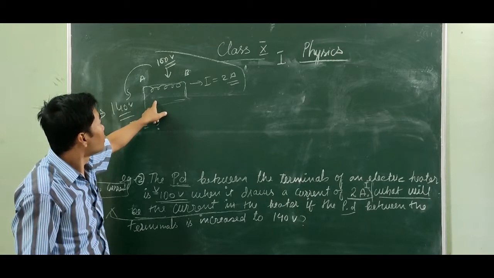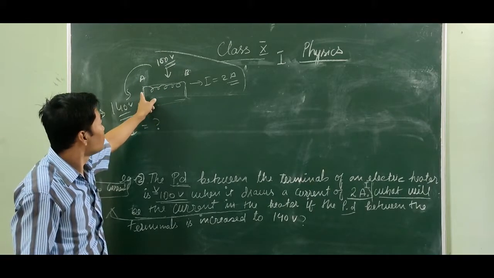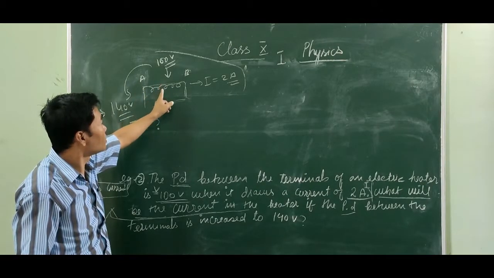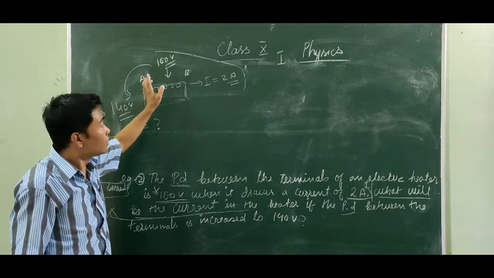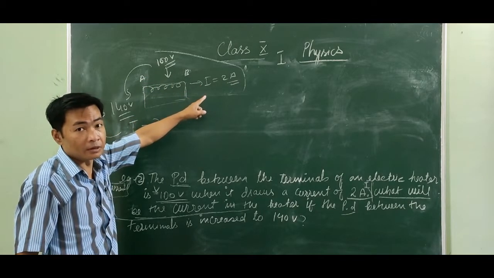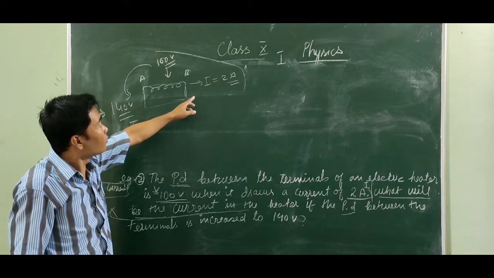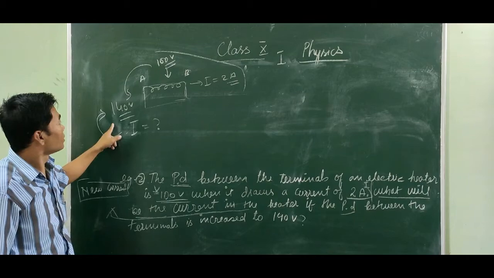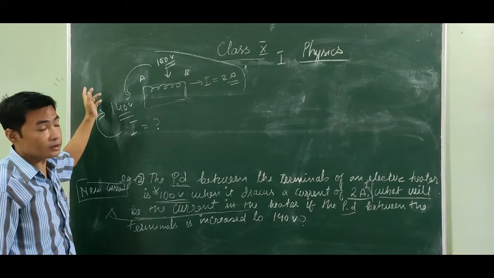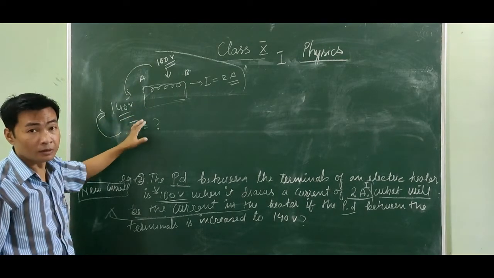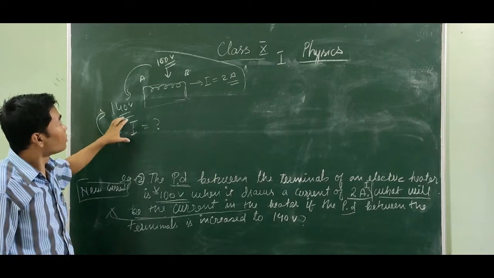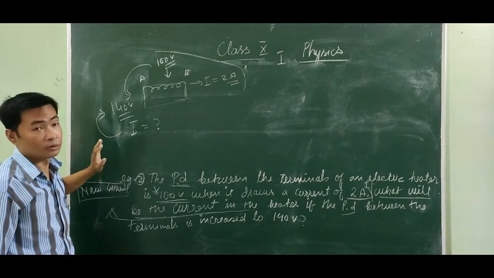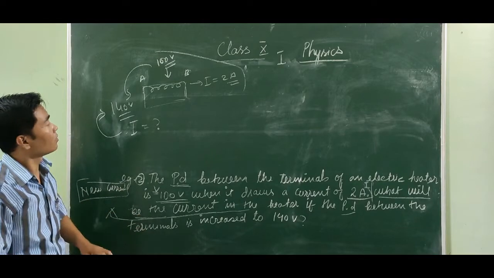If you apply a potential difference of 100 volts between these two terminals, this heater will draw a current of 2 ampere. Now, if you increase the potential difference from 100 to 140, the current will not be the same. There will be a new current, so it will draw a different current. What is that current? We have to find out. The second question, second part.